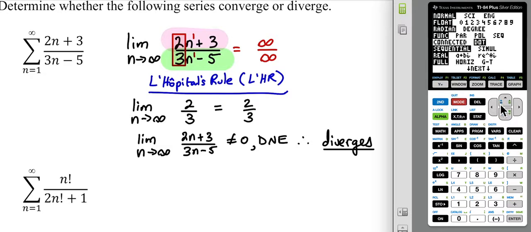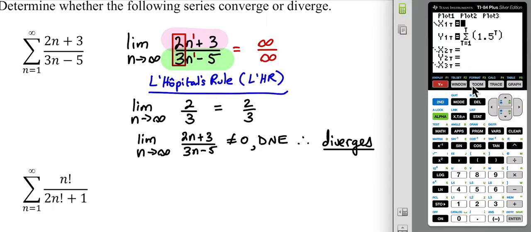We want to be in the right mode, so we want to be in parametric mode, and we want to go with the sum. Because the sequence might converge on a particular number, but it's a question of whether the partial sums will converge on a number.